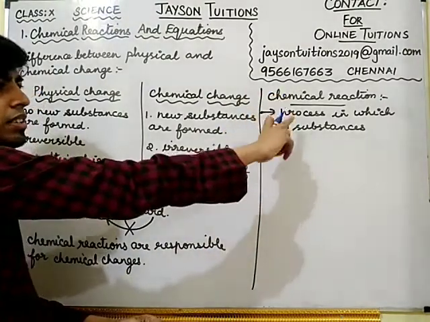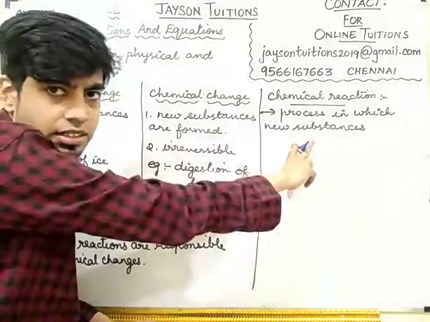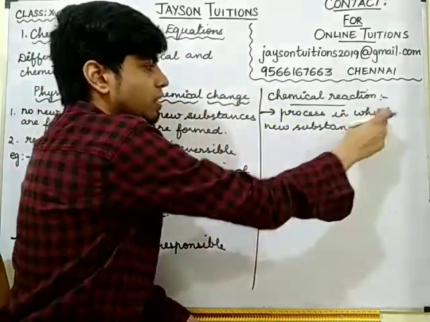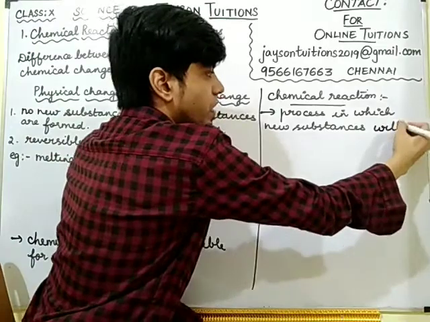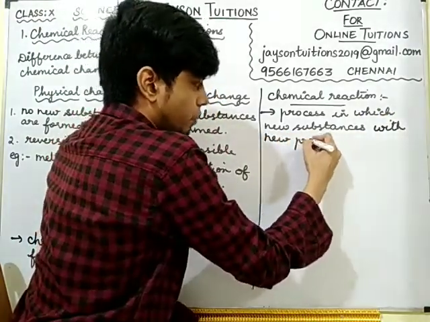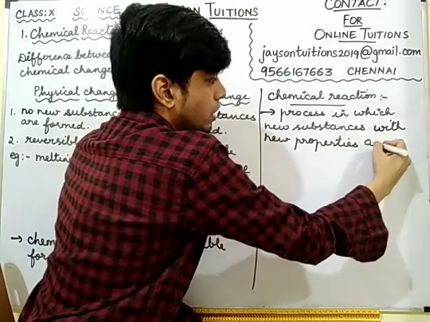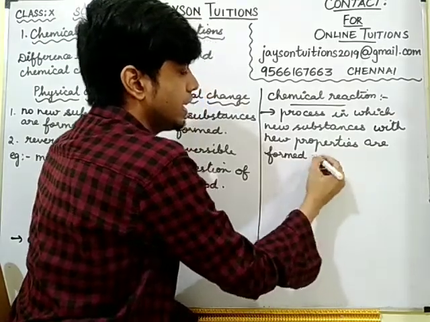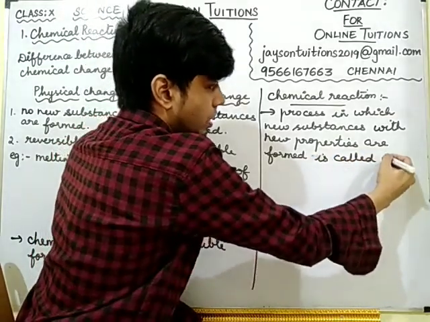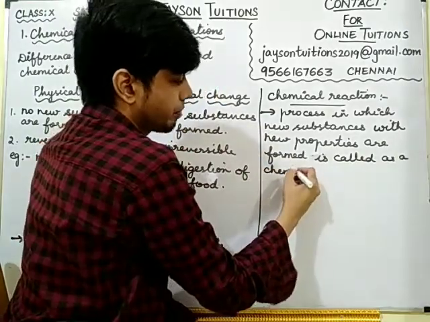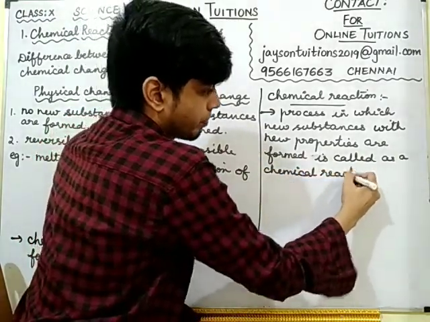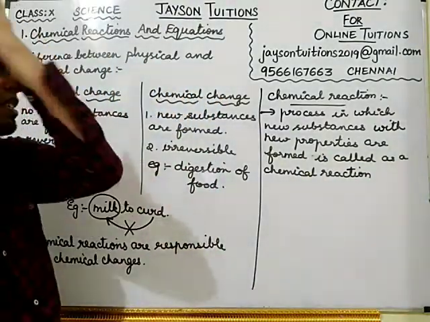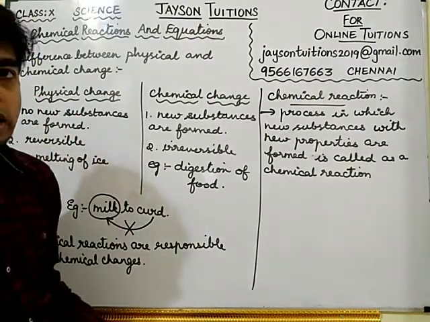So a chemical reaction is a process in which new substances with new properties are formed. It's called a chemical reaction.